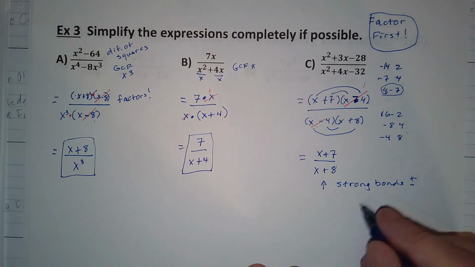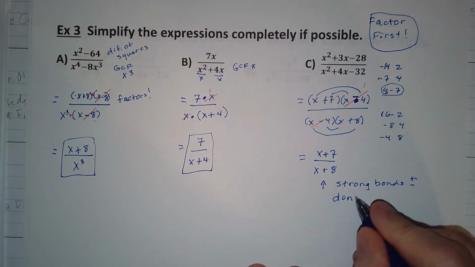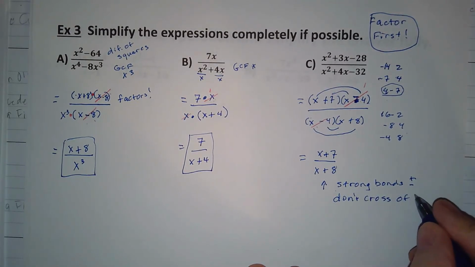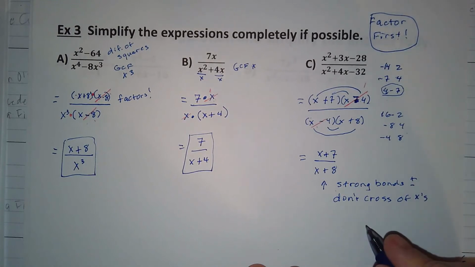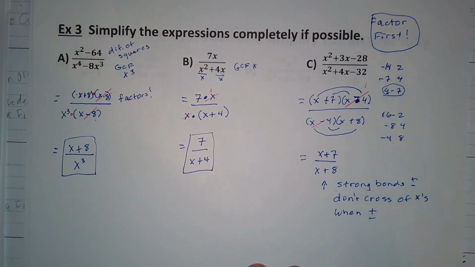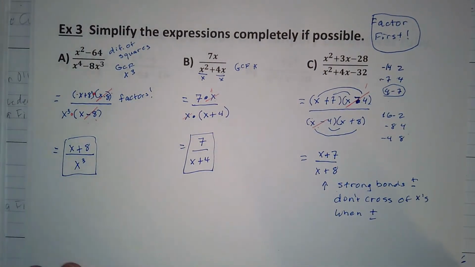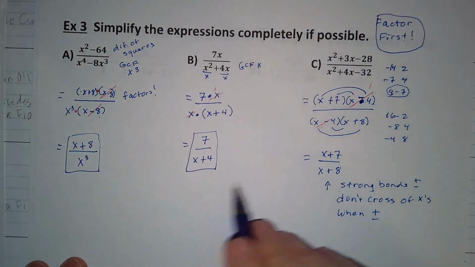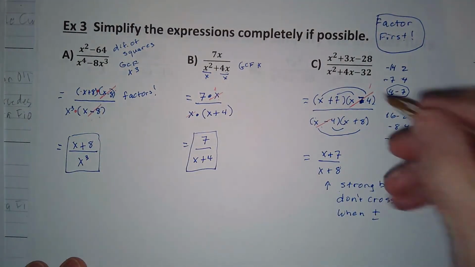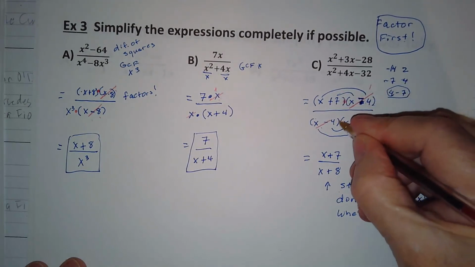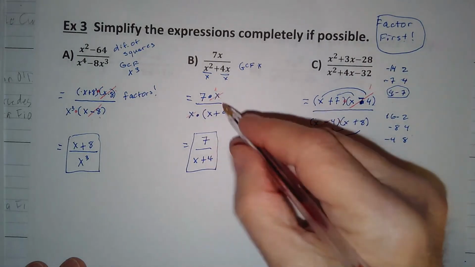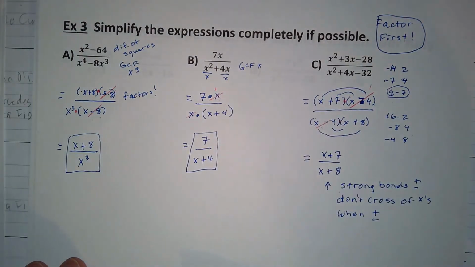So don't cross off x's when you have plus or minus. Just make sure you do that. We're only doing these when we've got things multiplied. We had things multiplied here and here. That's why we were able to get rid of these, and so on. Okay?